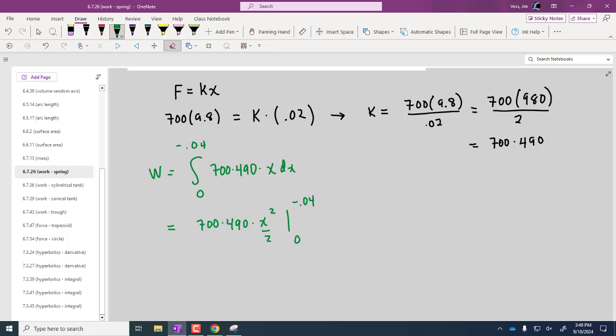Yeah, if we want the integral to match reality, which is a good thing, then we should put a negative. So then we're just going to plug and chug, get whatever we get. What are the units here? Joules. Yeah, so whatever we get when we type all that stuff in, those will be our joules.